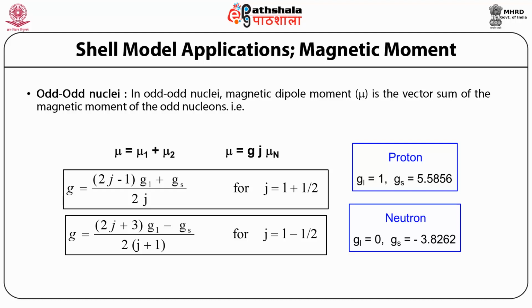For proton again, Gl is equal to 1, Gs is equal to 5.5856. For neutron, Gl is equal to 0 and Gs is equal to minus 3.8262.